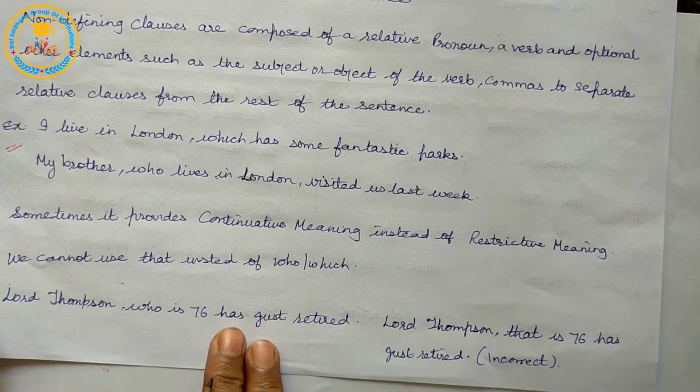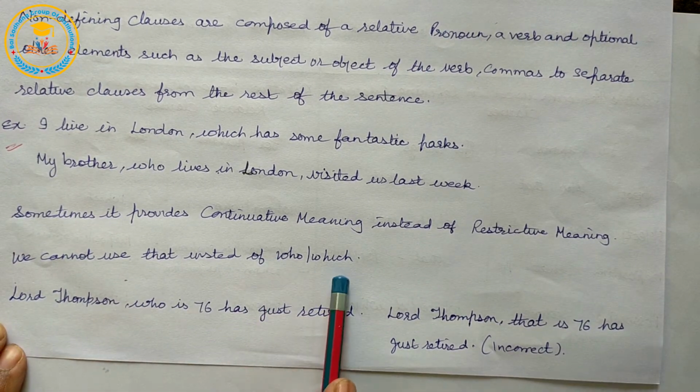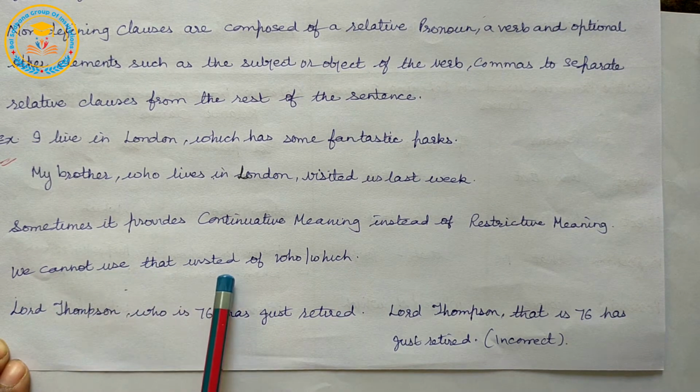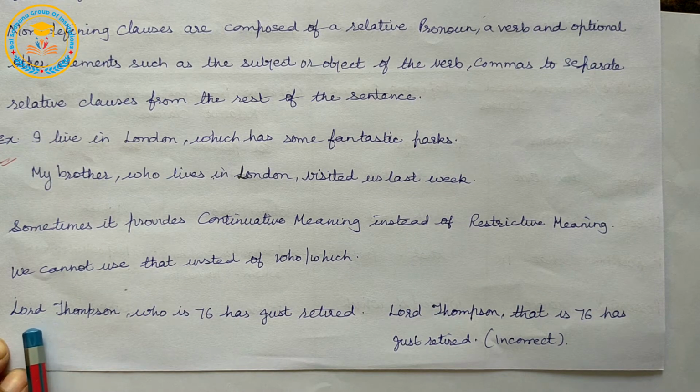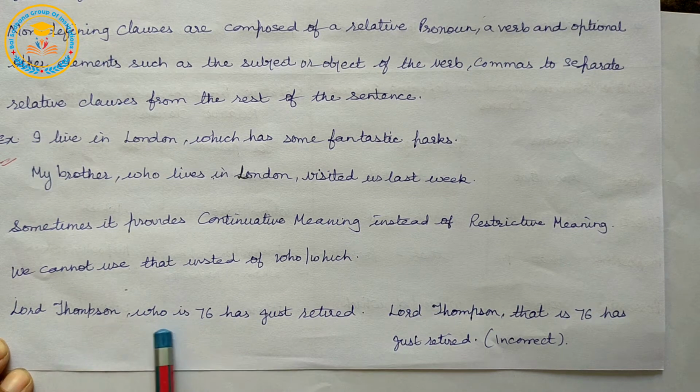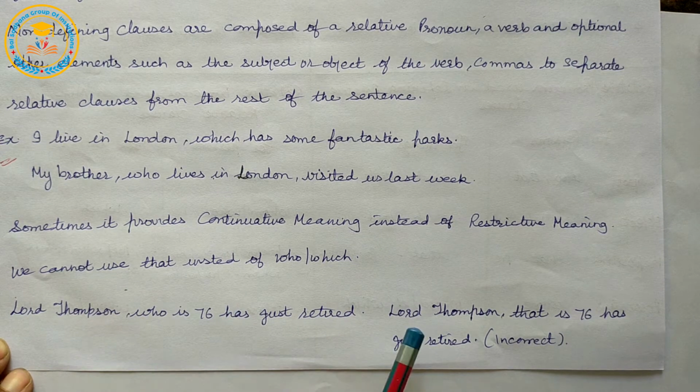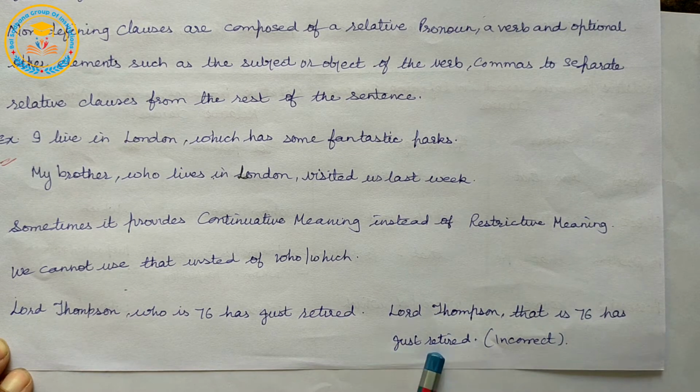We cannot use that instead of who or which. Example: Lord Thompson, comma, who is 76, has just retired. Full stop. Lord Thompson, comma, that is 76, has just retired.